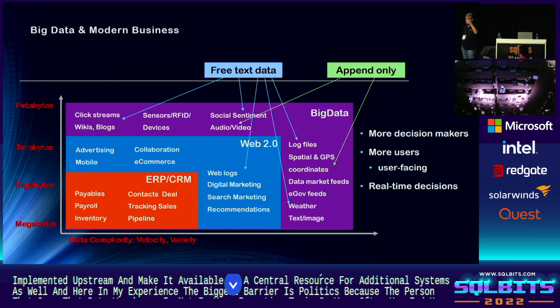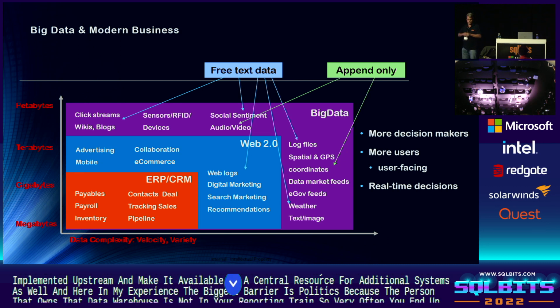Now, there's a lot more people that want to see your reports. More users want to see the reports, and now it's popular to talk about user-facing analysis. And we want to do real-time decisions based upon the data. So it's no longer good enough to run a batch job once a day and the next day give the report to the execs.